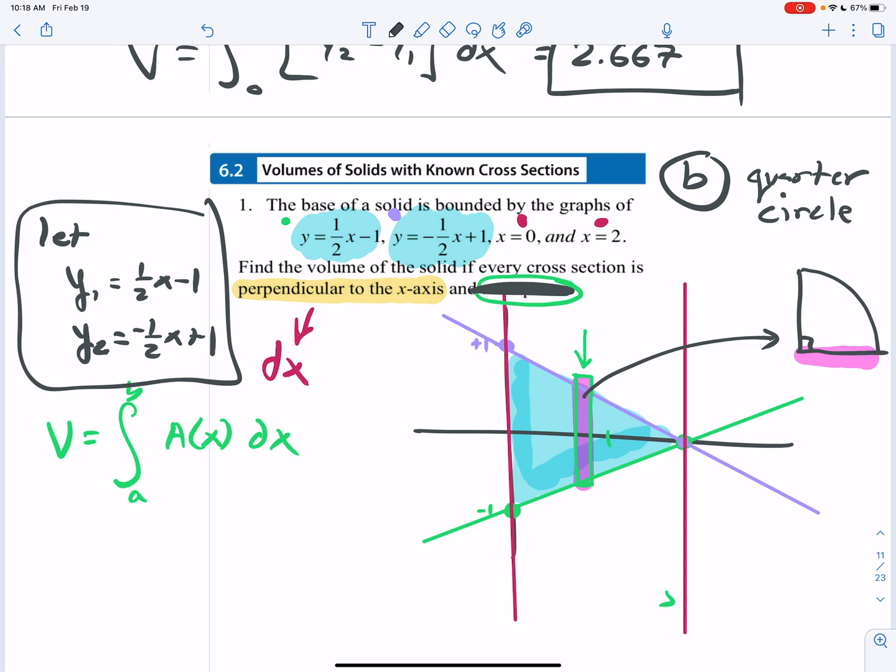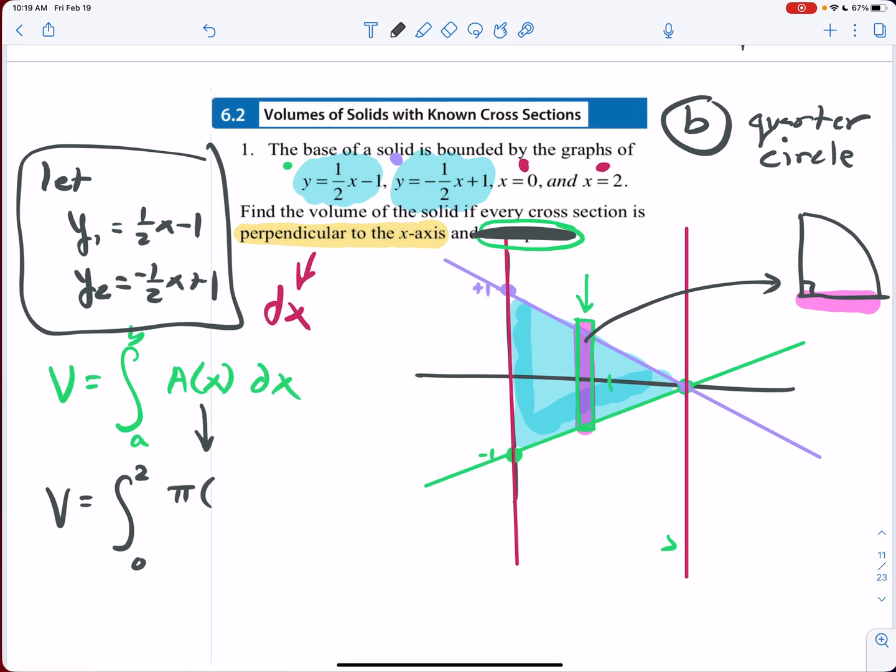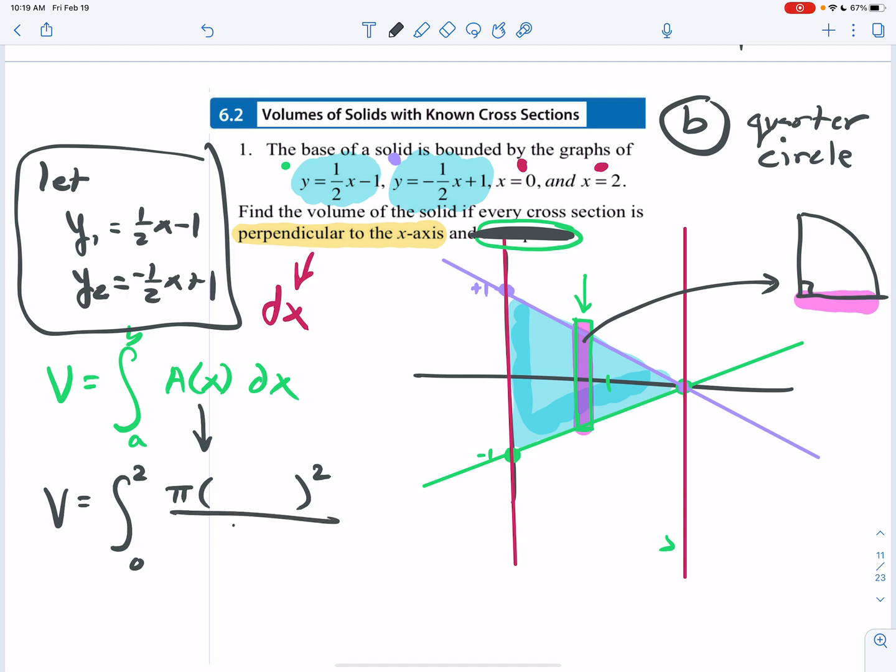So here we go. V equals, we're still going from 0 to 2, but the shape of the cross-section changed. We're dealing with a quarter circle. A quarter circle is pi r squared over 4 dx. Notice how I put that in right away. That is a quarter circle.